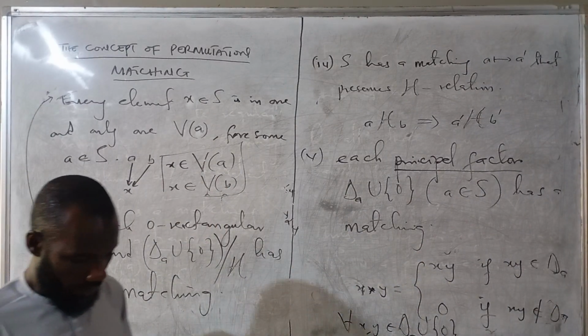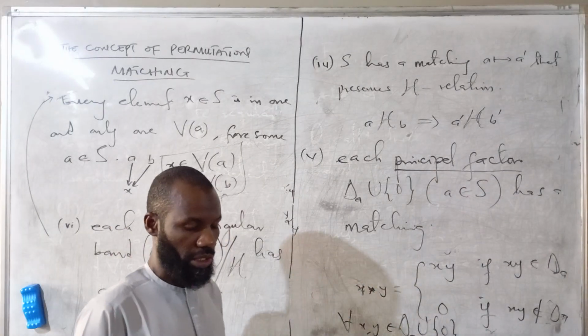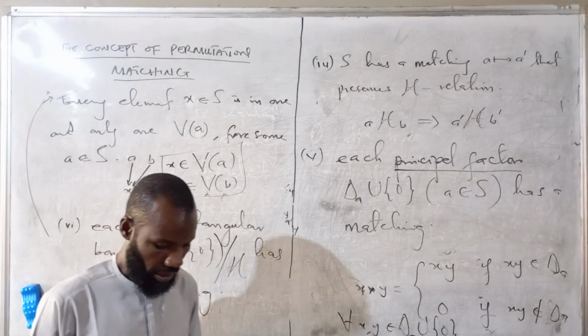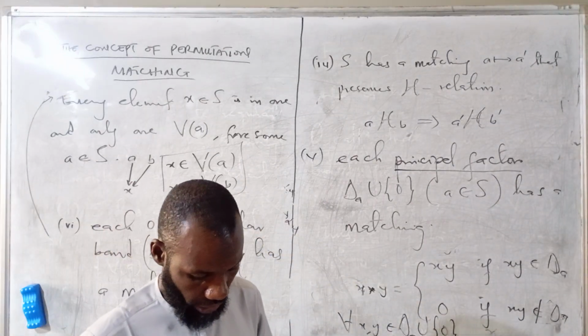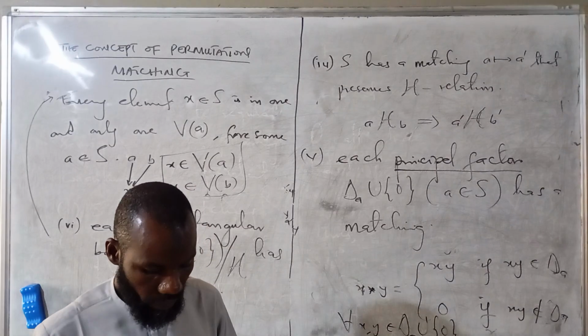Okay? And it is also used to show that the full transformation, the partial transformation semigroup has a matching. In fact it has been extended in the literature. But there are some open questions here.